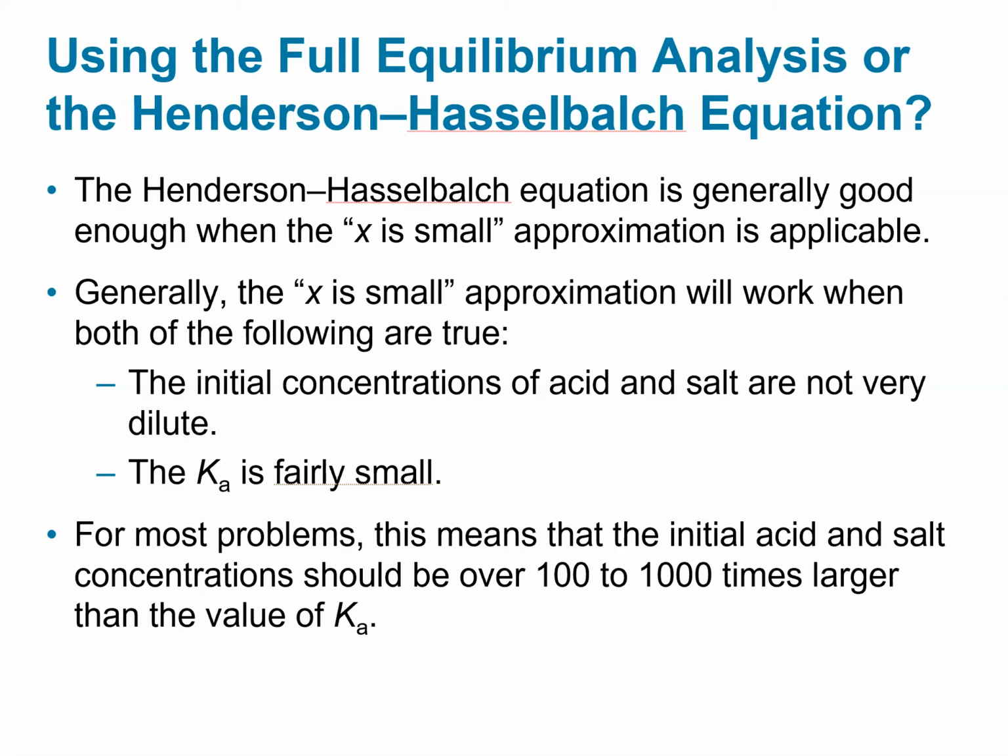But as long as you're having reasonable lab bench concentrations of your weak acid and conjugate base, this is probably going to be valid. And Ka needs to be fairly small, which for weak acids, once again, is typically valid. So for most problems, what this means functionally is that the initial acid and salt concentration should be over 100 to 1,000 times larger than the value of Ka, which is something that you're going to find is typically satisfied.